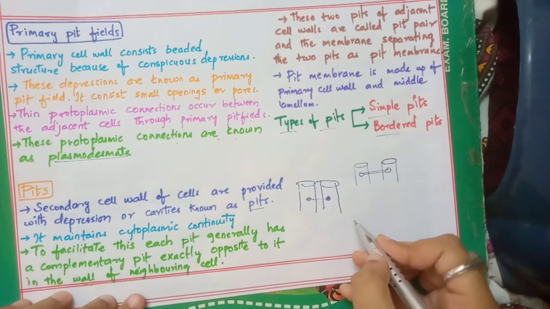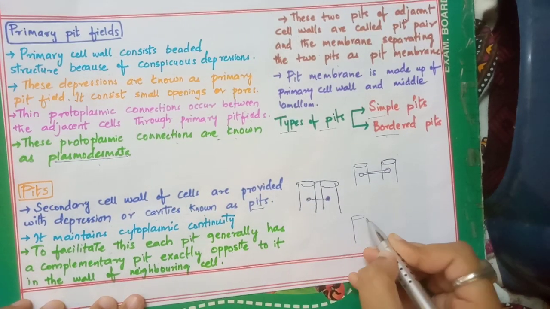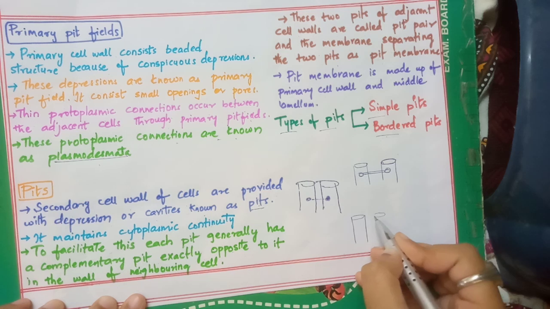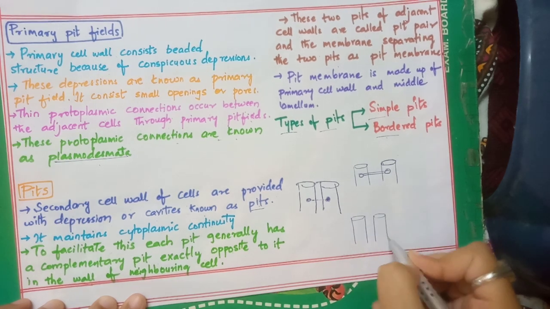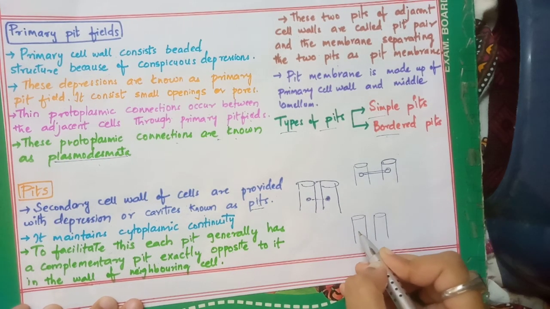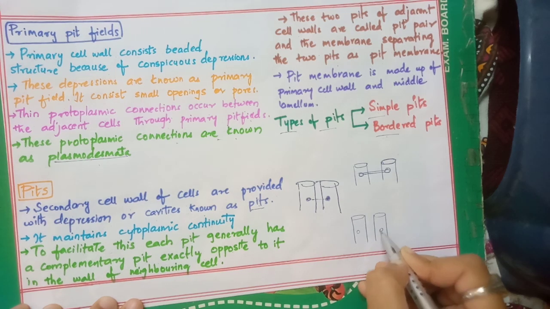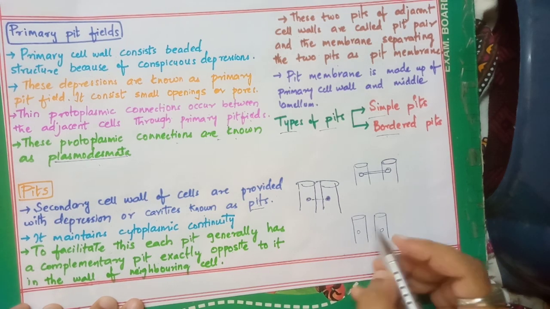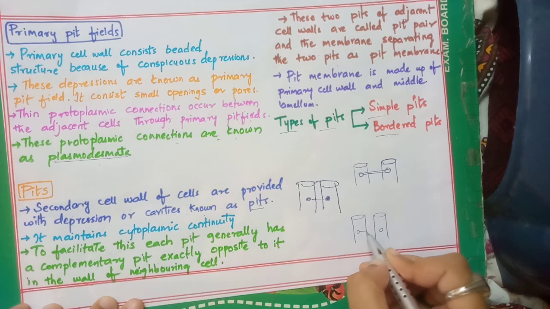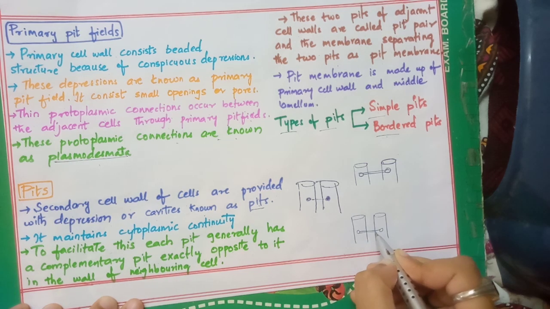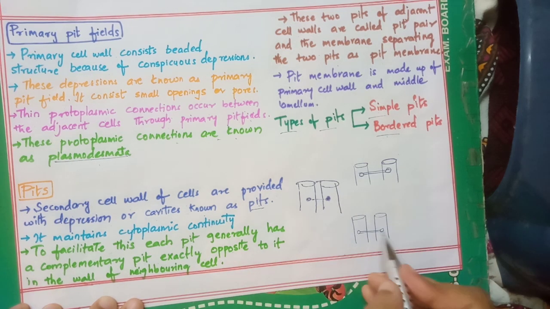For example, if it is a tracheate cell and there is another tracheate cell adjacent to it, then there are two pits opposite to each other in the adjacent cells, and there is connectivity through these protoplasmic connections. So it provides the connectivity between the two adjacent cells.